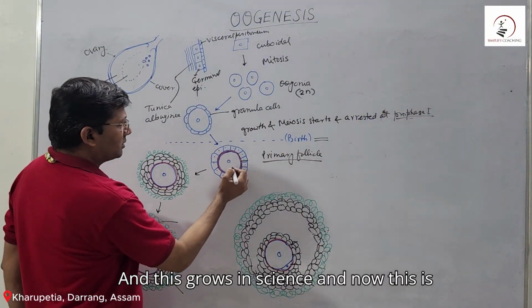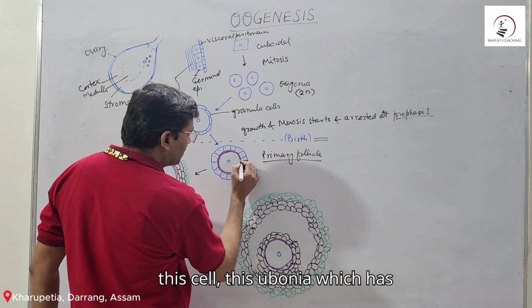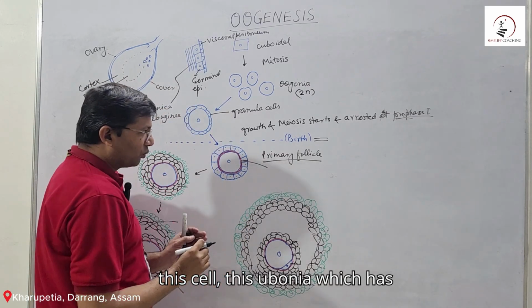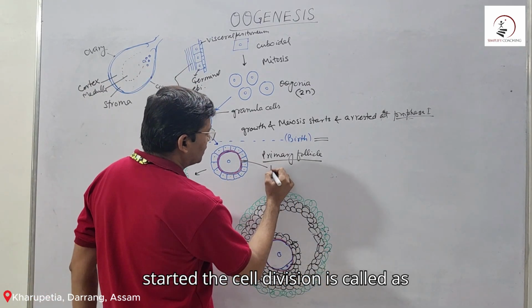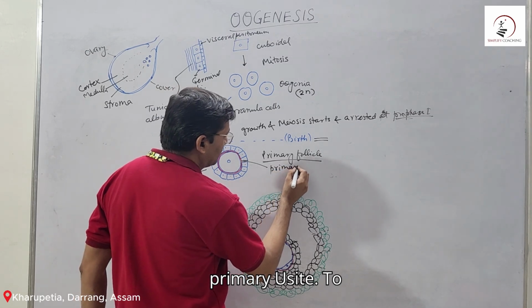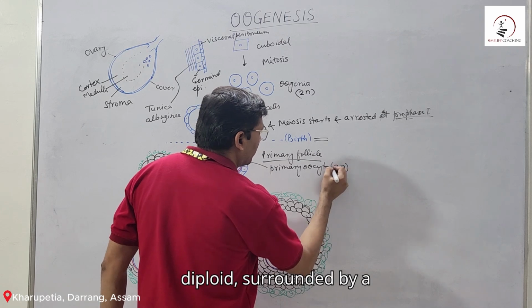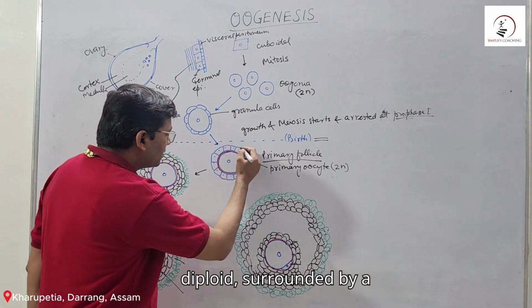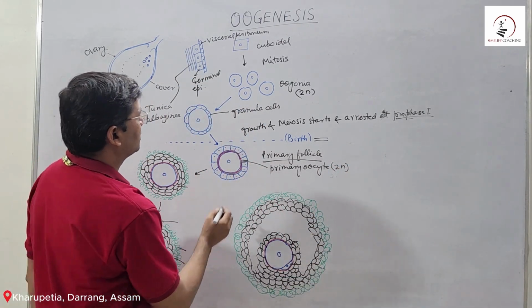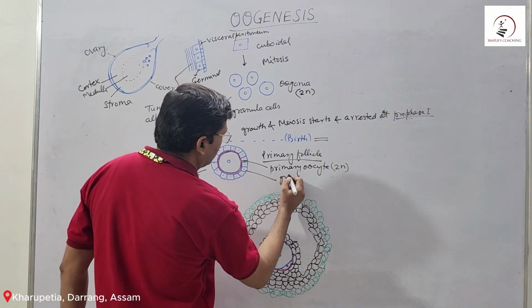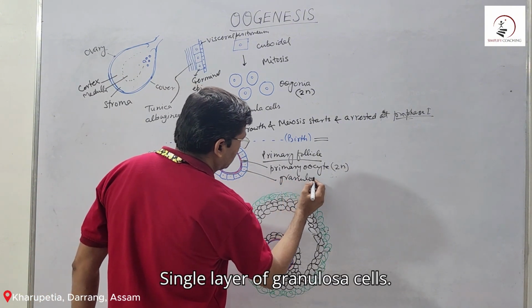This grows in size, and now this cell, this oogonia which has started cell division, is called the primary oocyte. The primary oocyte is still diploid, surrounded by a single layer of granulosa cells.